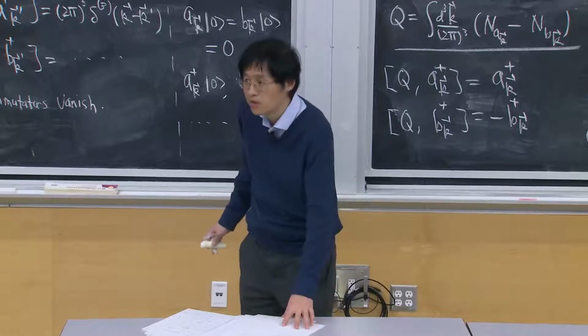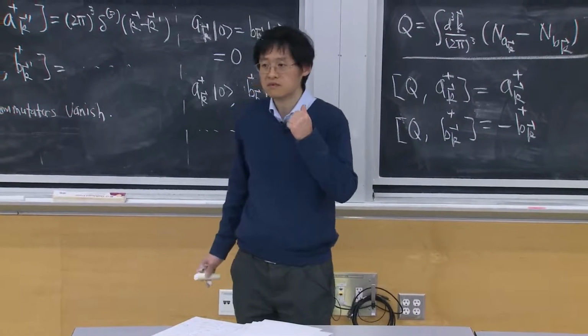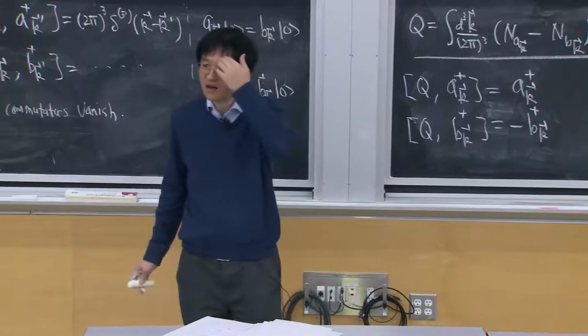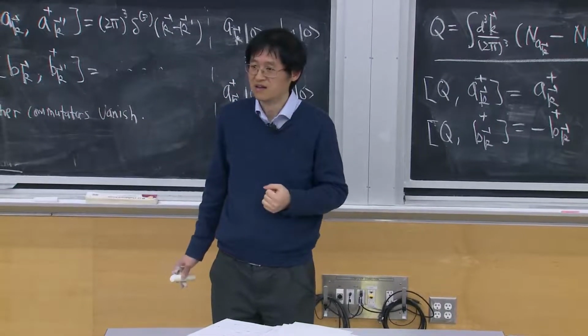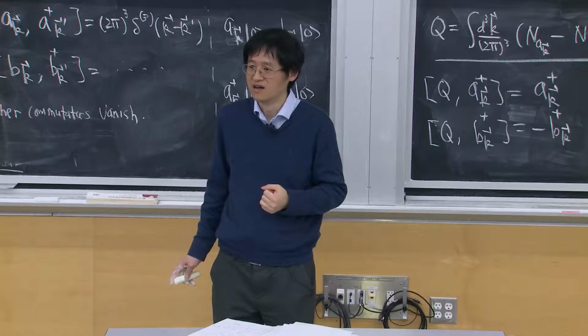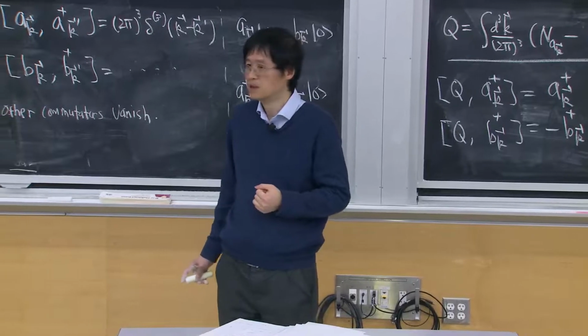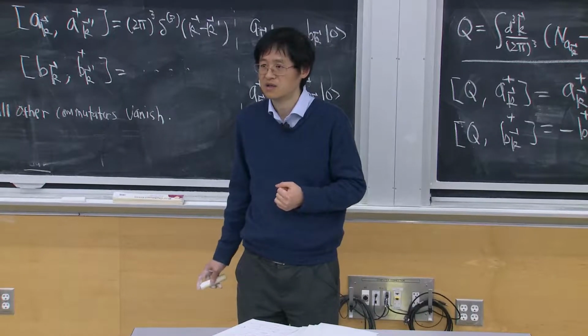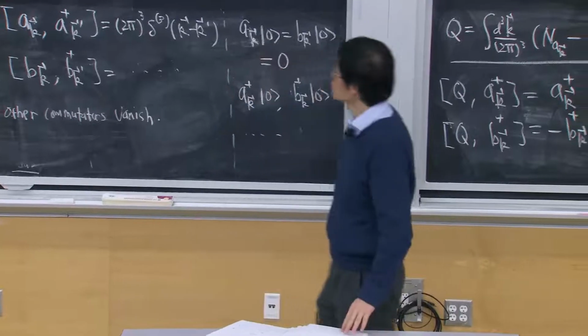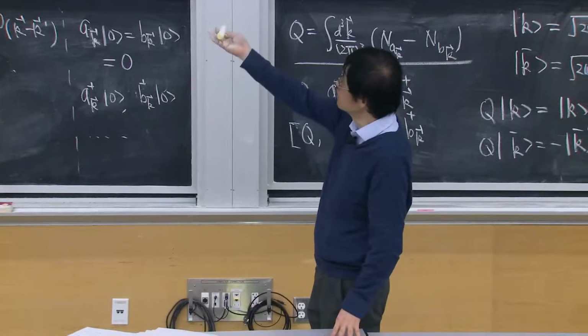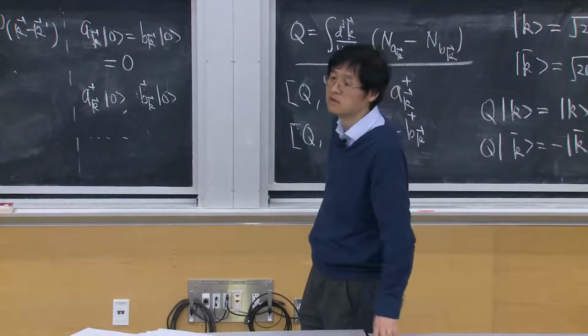Good. Do you have any questions? Yes. Could we then write off the fact that Q is conserved just by the number of A and the number of B being conserved separately? I'm having trouble seeing why conservation of Q is non-trivial. Yeah, the conservation of Q follows from the symmetry.